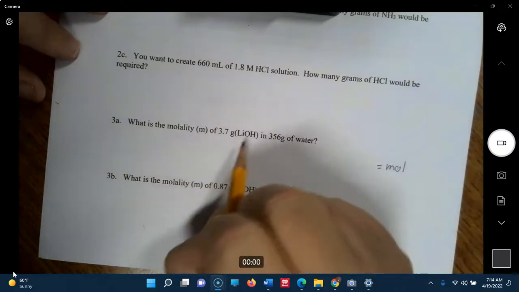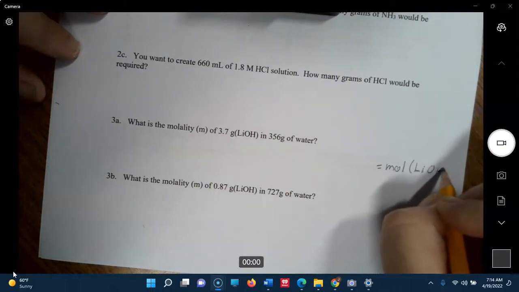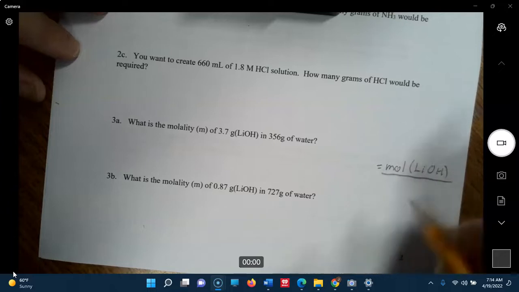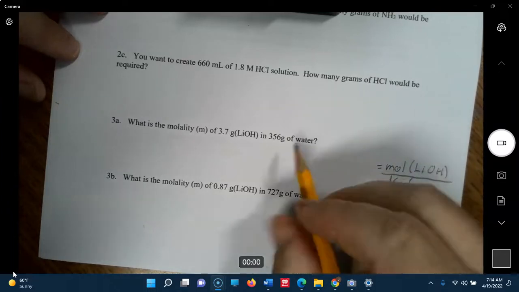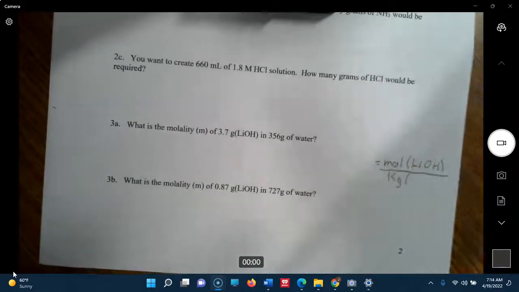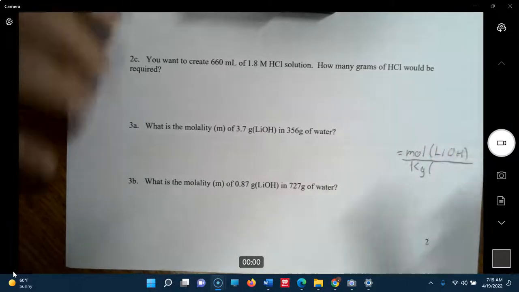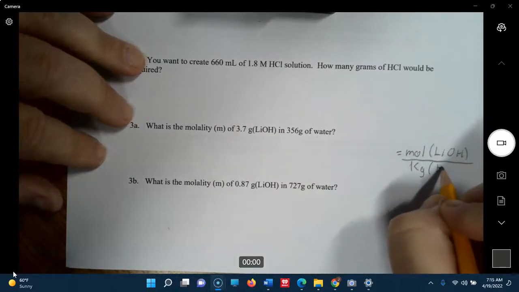And the solute is LiOH, over kilograms of solvent. The solvent is the water. It's not the solution. This is not molarity, it's molality. So it's kilograms of H2O.